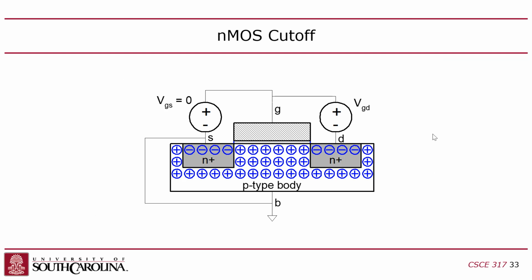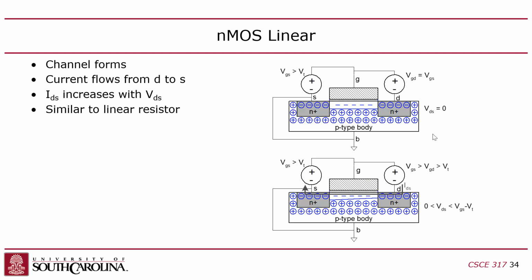As I mentioned, if we don't have any charge on the gate that creates the inversion region, then that's called cutoff mode. If we start to accumulate a charge on the gate, we get an inversion region in the channel, and the transistor goes into linear mode, where it just acts like a resistor.